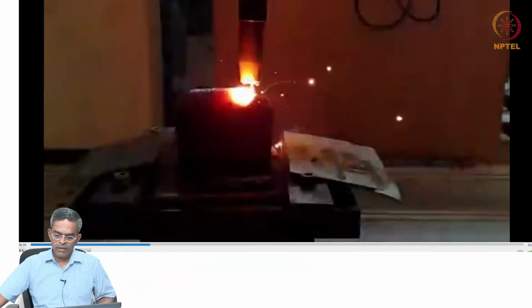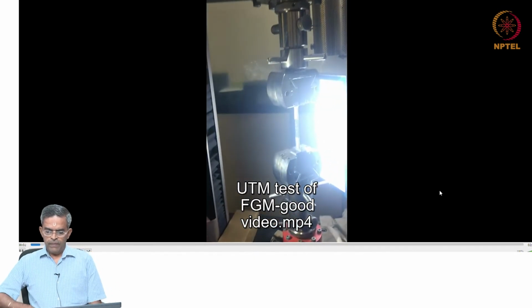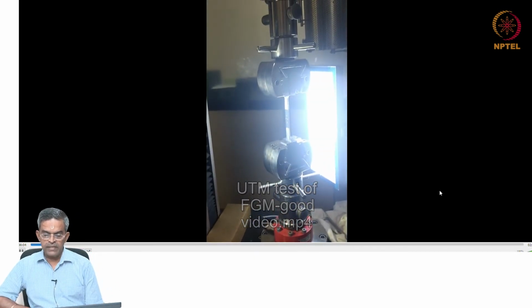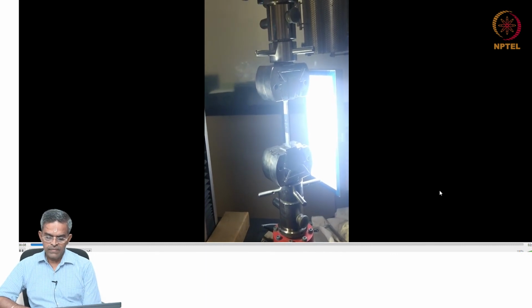Okay, so, this is fabricated layer by layer and you get a specimen as we discussed in the last lecture, where the specimen is placed in the UTM under axial tension.